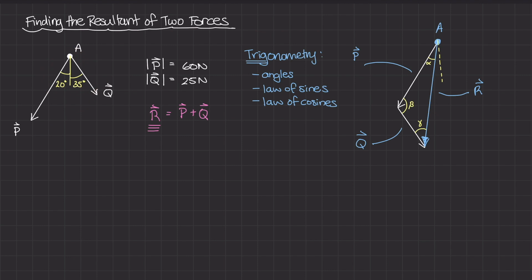So if I know that P is making a 20 degrees angle from this vertical line right here, and if I were to draw another parallel vertical line here where angle beta is at, then I know that this line and this line are parallel. Well, what does that tell us? If those two lines are parallel, then this angle right here and this angle right here are equal and opposite angles.